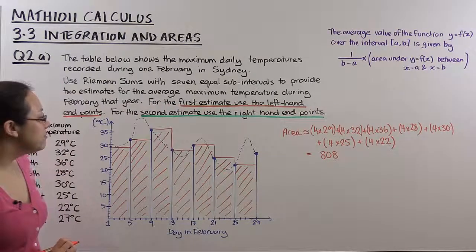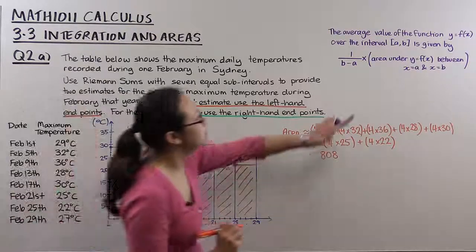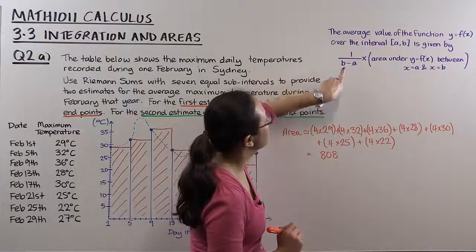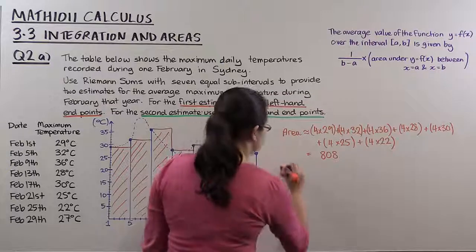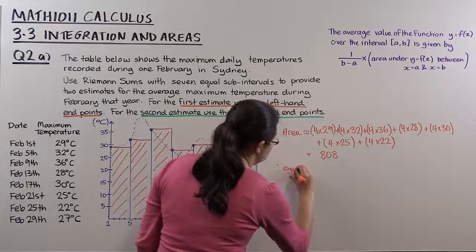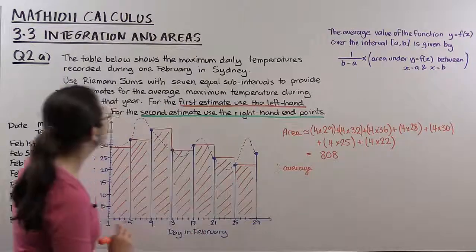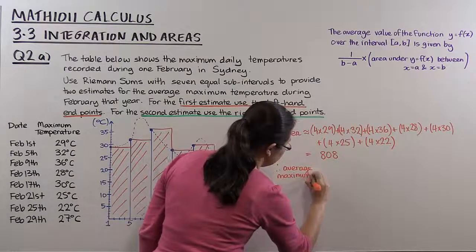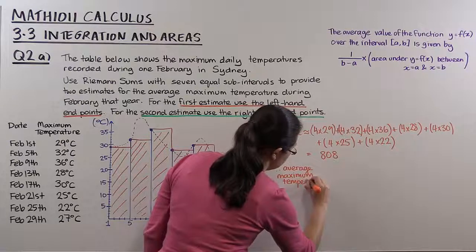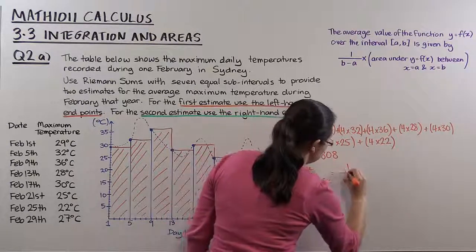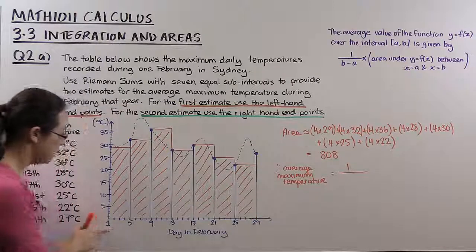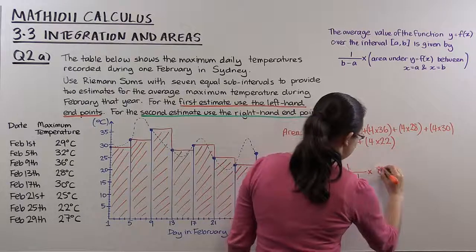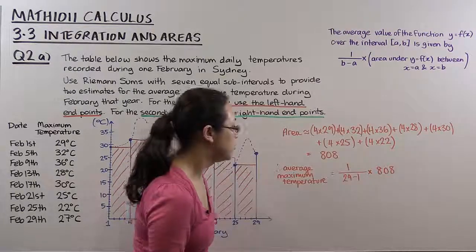If I want the average value of a function using that estimate, the average value of my function over the interval from a to b is given by 1 over b minus a times the area under my graph. So the average value of the function, or the average maximum temperature, because that's what my function is about, using this particular estimate is going to be 1 divided by, well, 29 minus 1, multiplied by the area under that graph, which was 808 approximately.